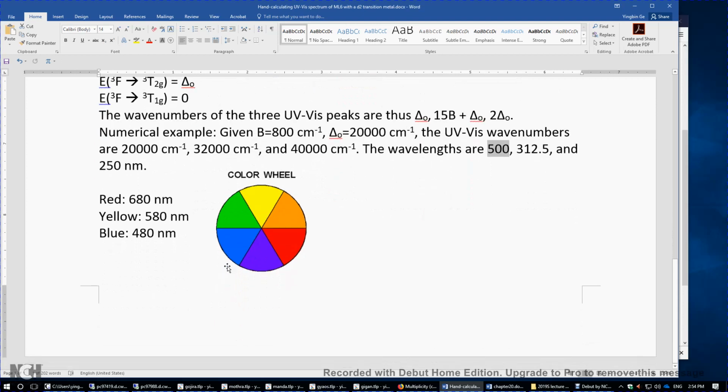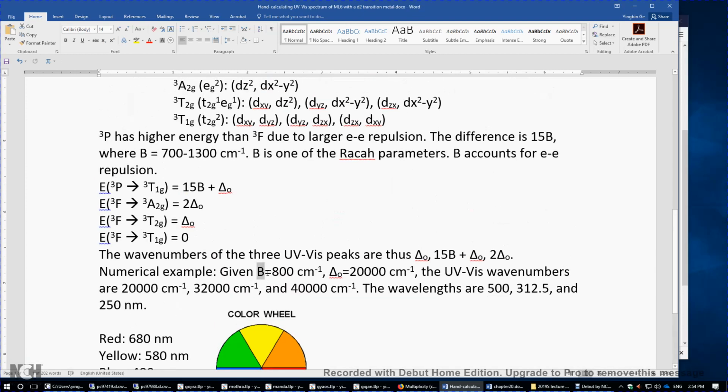All right, in the end, I'm going to quickly talk about the B. Typically, B is from 700 to 1300 here. And I intentionally gave you a smaller than the typical value. The average is 1000. I gave you 800.